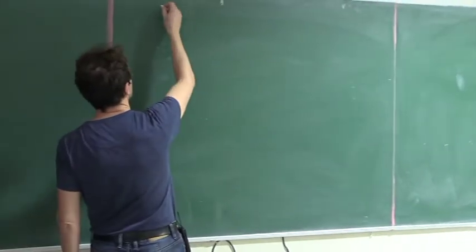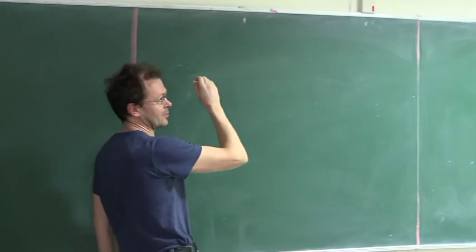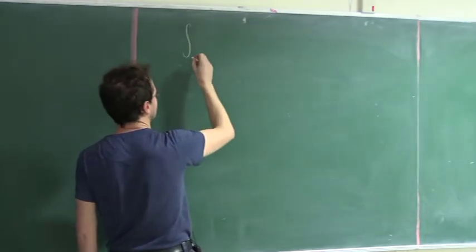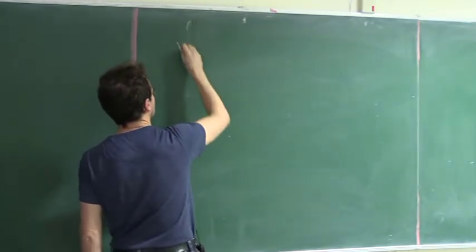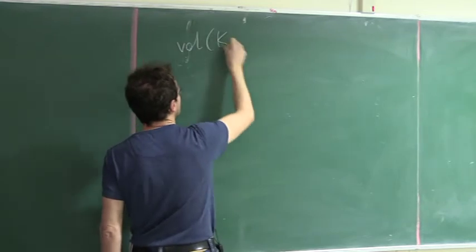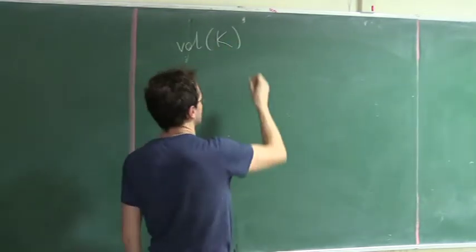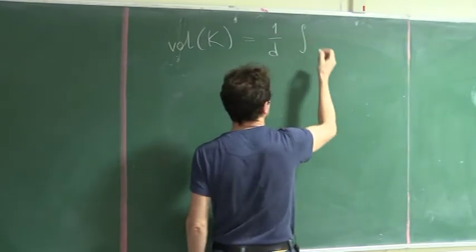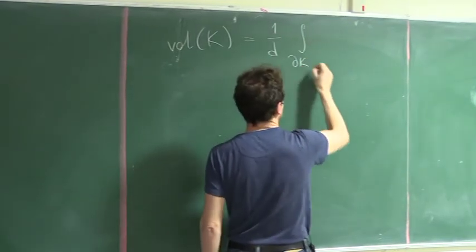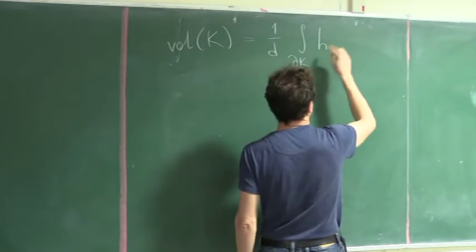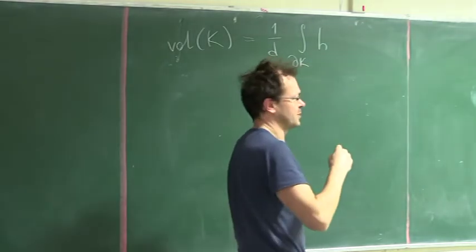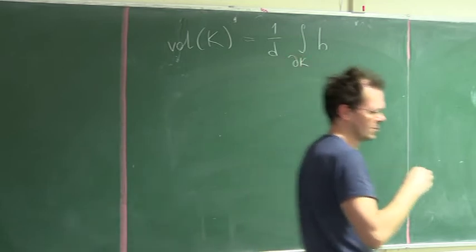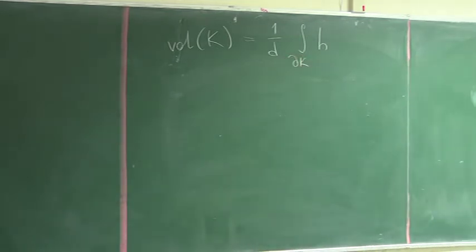So there was this theorem that the volume of a body K with a smooth boundary is equal to 1 over d, the integral over the boundary of K, the support function.